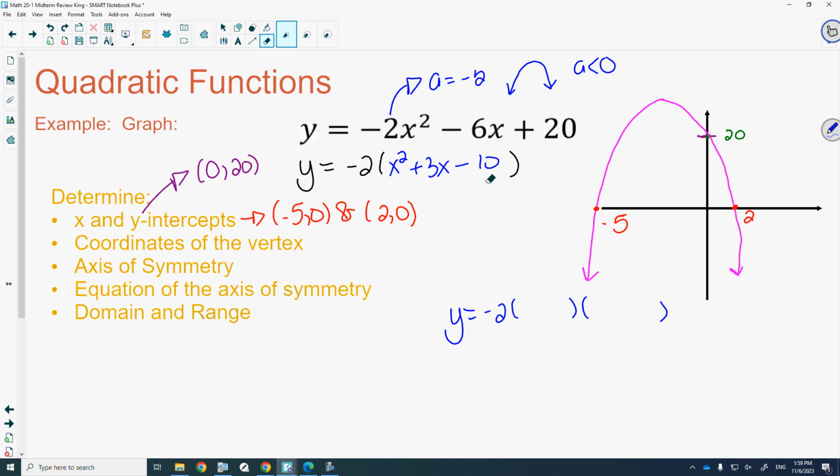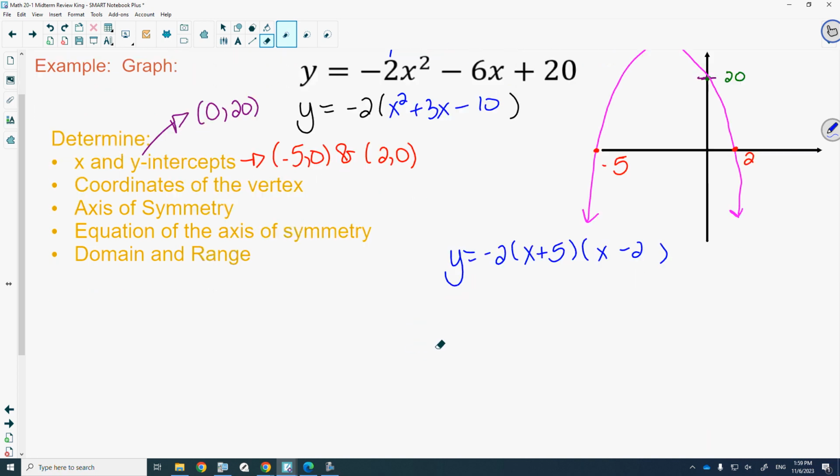So 5 and 2, positive 5 and negative 2. So y is equal to negative 2 times (x plus 5) times (x minus 2). And remember, once you factor, if we're finding x-intercepts, let y equal 0. Then our x-intercepts are x is equal to negative 5 and 2.